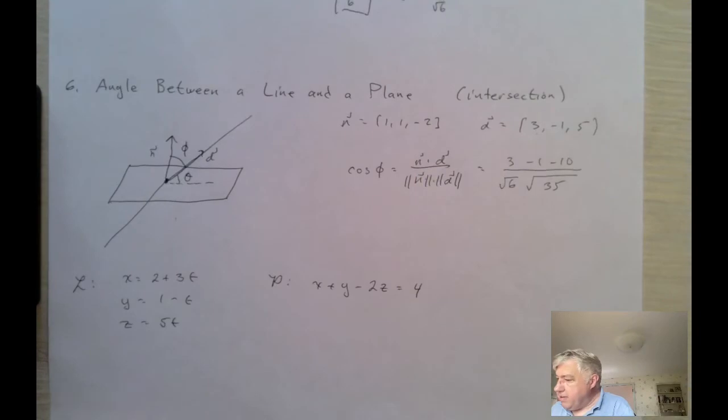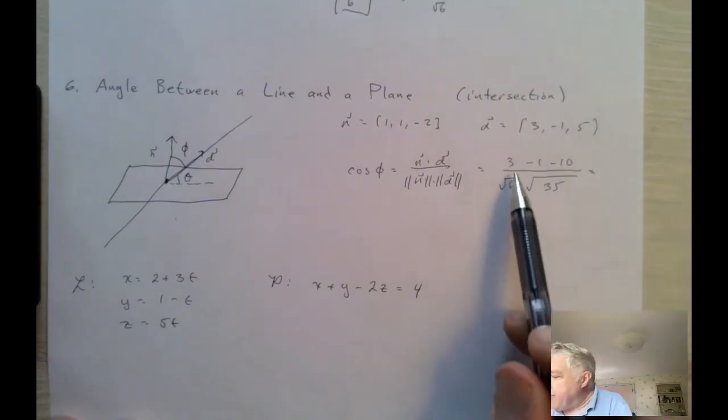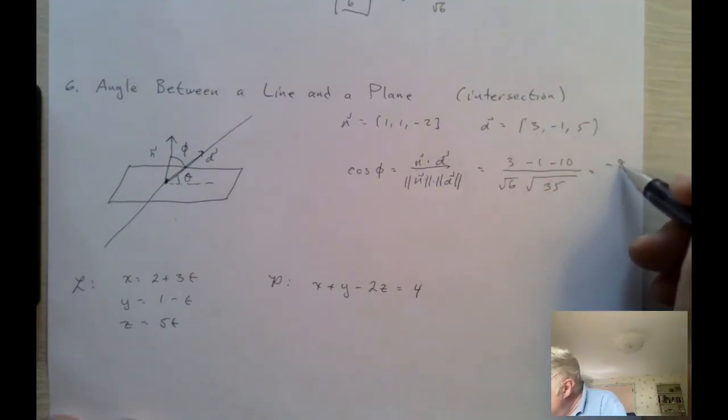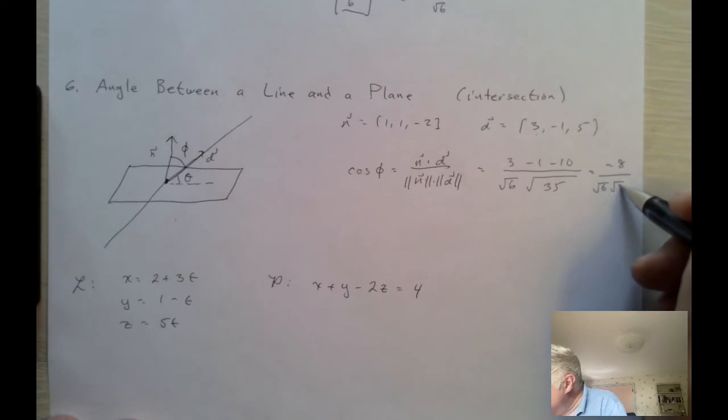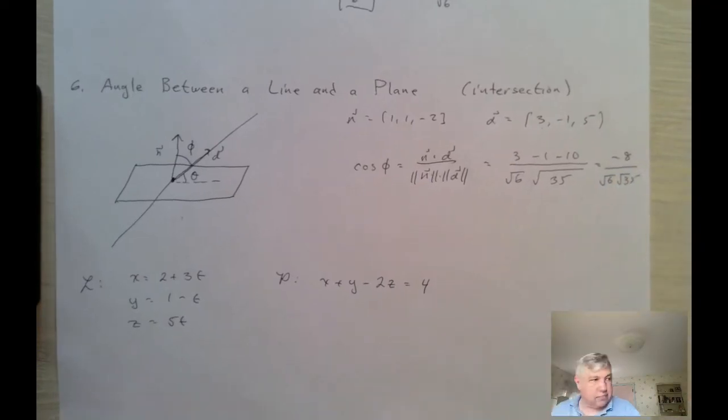So this is going to be, I believe, 3 minus 11, which is minus 8, over the square root of 6 times the square root of 35. And that's when you use your calculator.